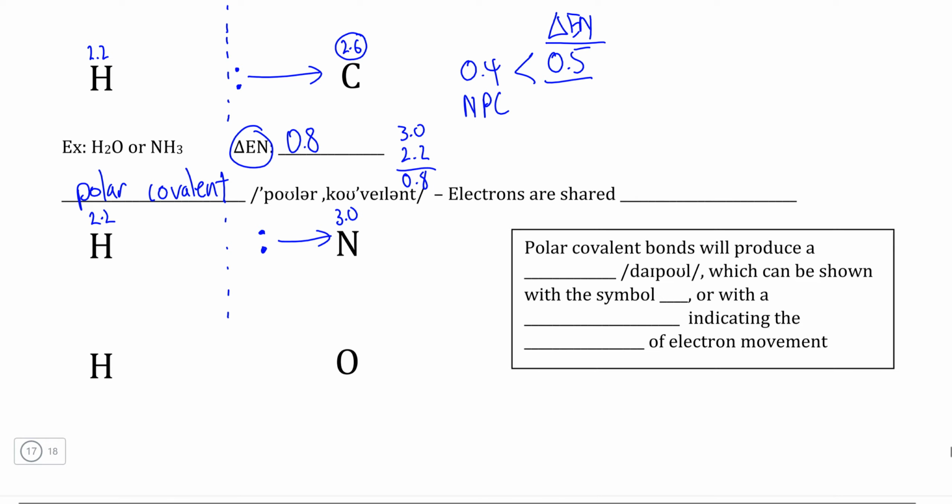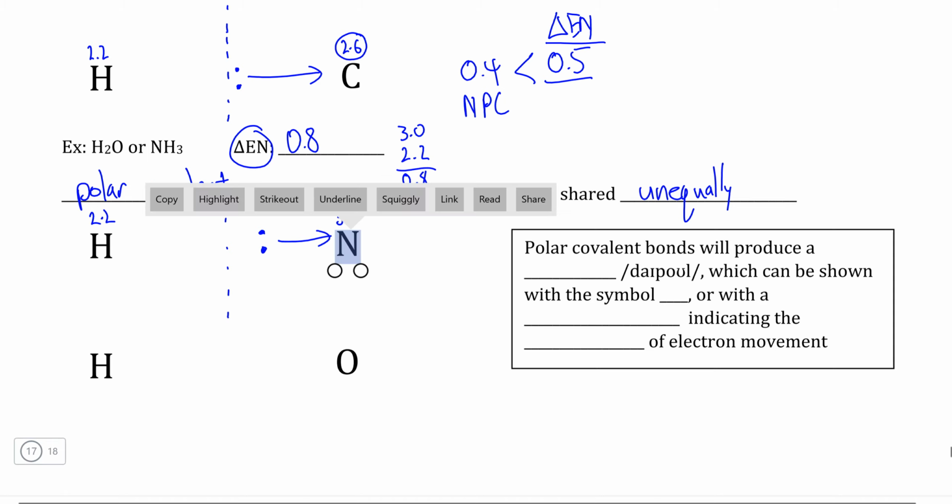Even so, nitrogen's electronegativity is not sufficiently greater than hydrogen's to fully cause hydrogen to lose its electrons. Here, even though the electrons are shared, they are shared unequally because the electrons are closer to nitrogen than hydrogen.